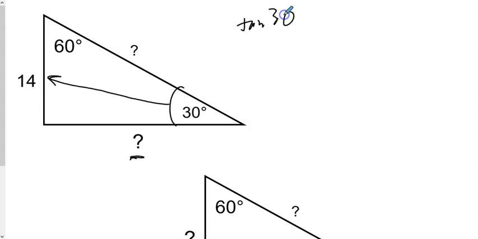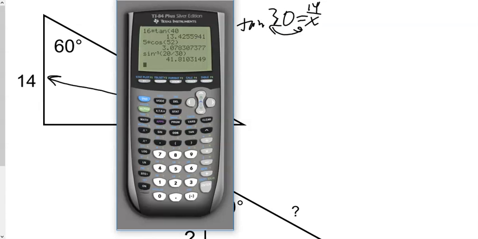Tangent of 30 equals opposite over adjacent. We switch these. So 14 divided by tangent of 30. 24.25.